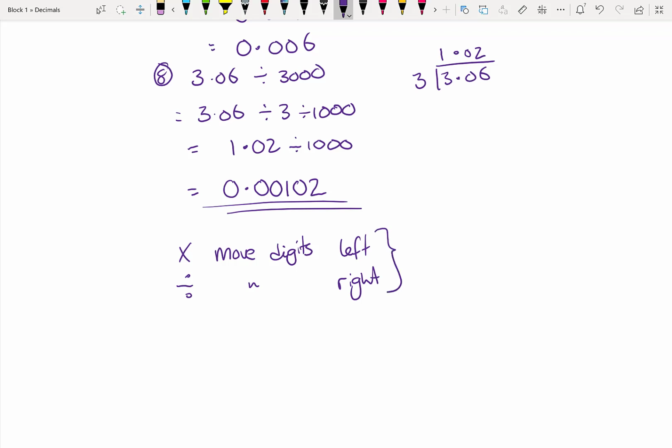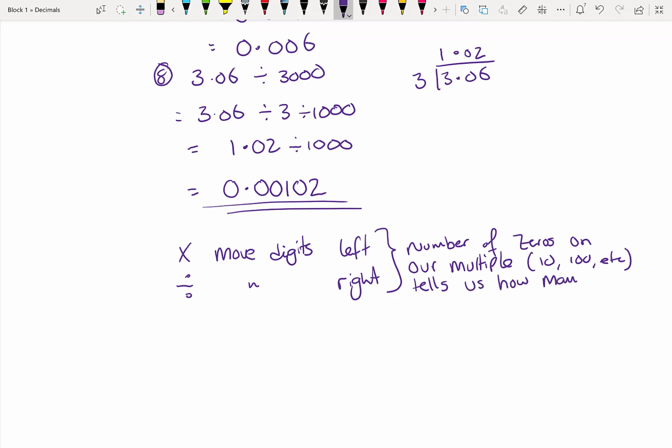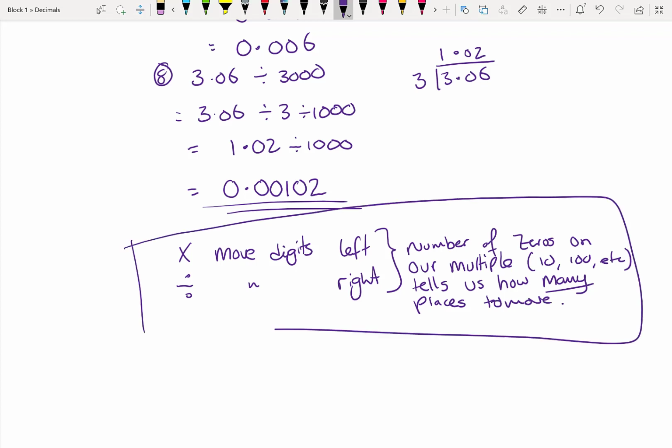Remembering that the number of zeros on our multiple, so remember the things that we were looking at here, the 10 or the 100 or the 1,000, those bits for the multiple, the 10, 100, etc., that tells us how many places to move. And there we go.